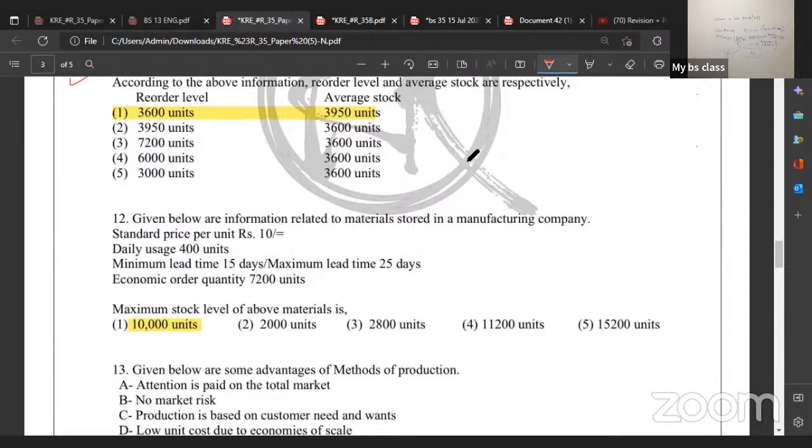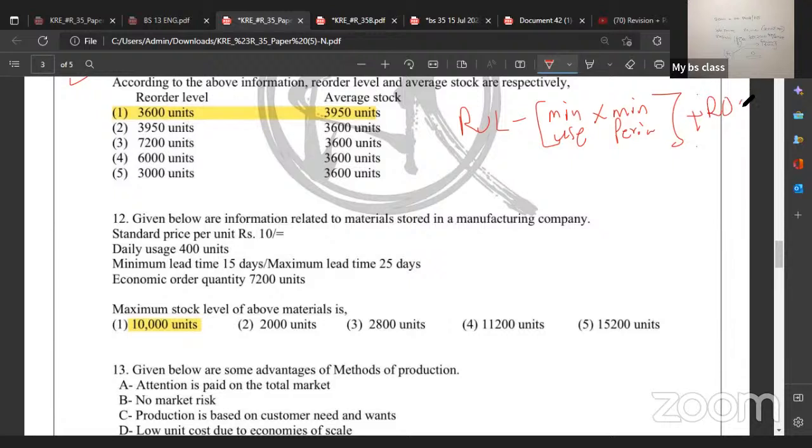So what is the formula for a reorder level එක? The reorder level එක. So you will be deducting minimum usage into minimum order period, and then you will be adding ROQ.